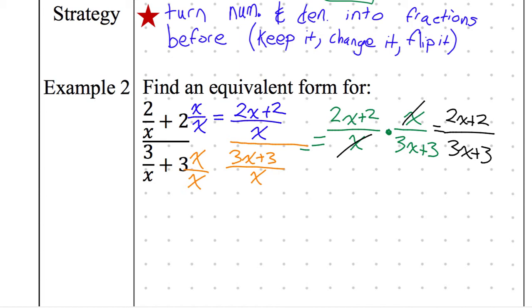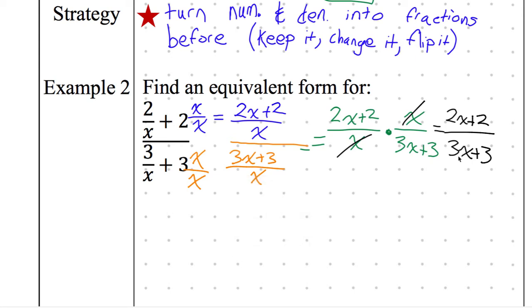Right now, 2x is being added to 2, so we can't just cross off the x and the x, for example. It mathematically happens to work out that way here, but it normally does not work out that way.